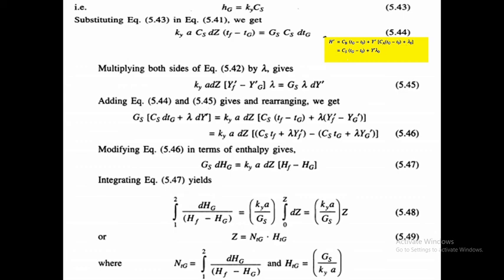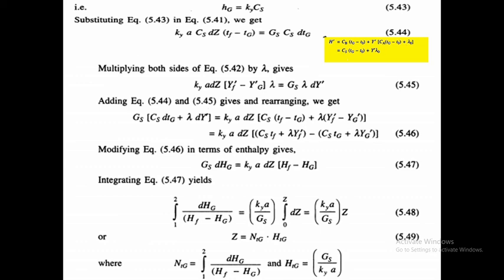The enthalpy is one of the important terms used in humidification. As per the definition of enthalpy, modifying expression 5.46 in terms of enthalpy: on the LHS, Gs into Cs into dTg plus lambda into dy dash.